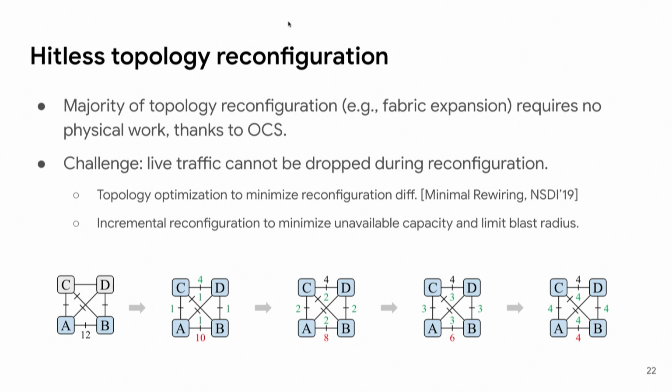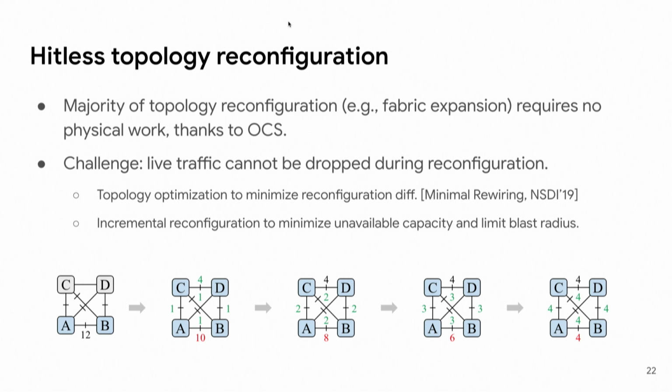Now, topology engineering would not have been possible without the OCS or the underlying SDN controller that executes the topology reconfiguration. The challenge here is maintaining sufficient capacity throughout the reconfiguration so there is no application visible impact. To that end, we developed 2 optimizations. First, we minimized the delta between successive topology optimizations without compromising on optimality.